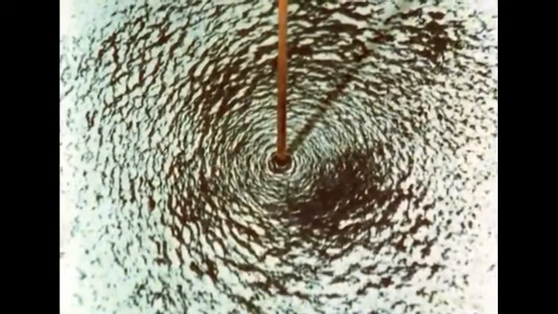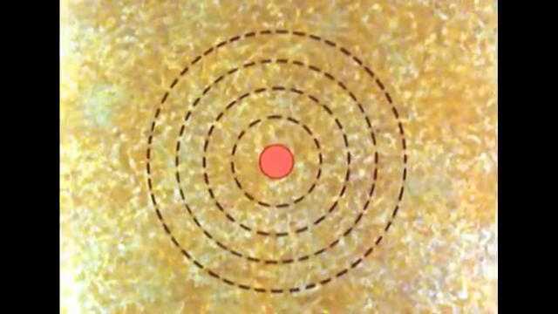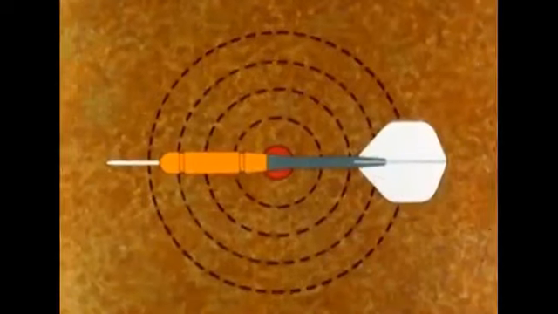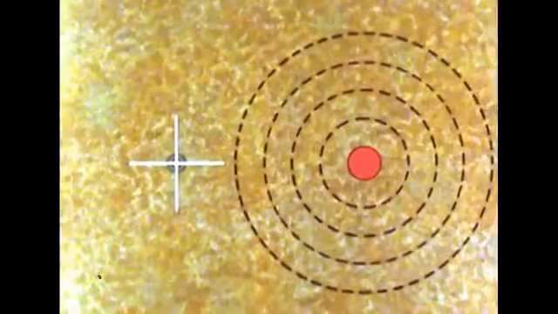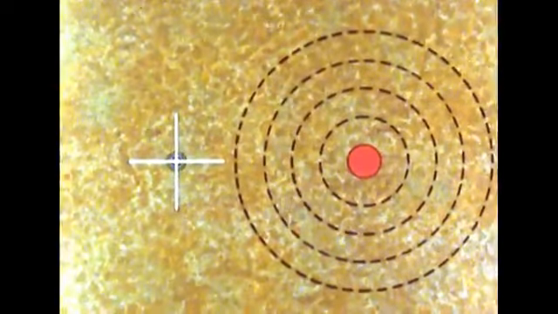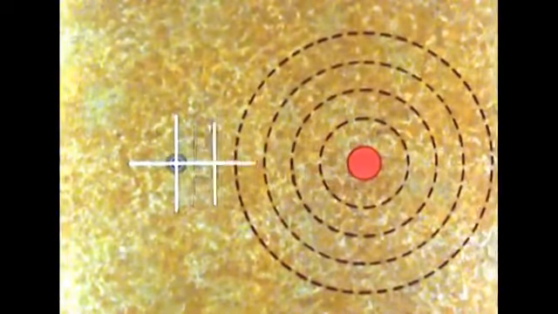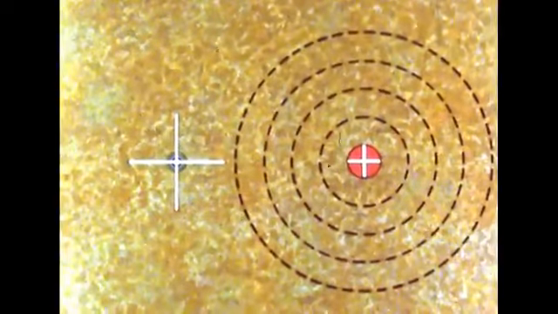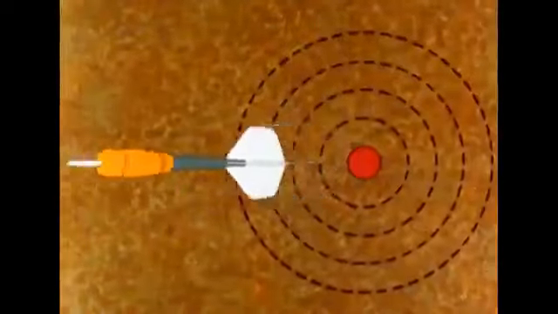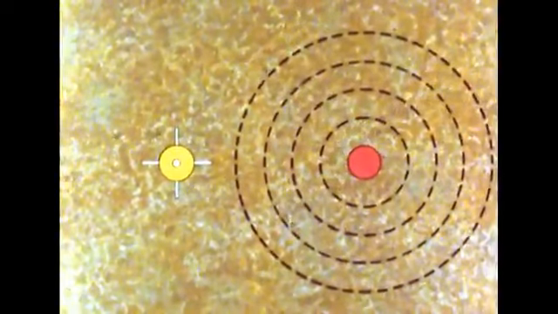If you want to draw this field, you need to show in your drawing if the current is flowing into the paper or out of it, toward you. Well, think of a dart. If it's flying directly away from you, you would see the flights looking like a cross. So we show current going into the paper with a cross. On the other hand, if the dart was coming straight at you, you would see its point.